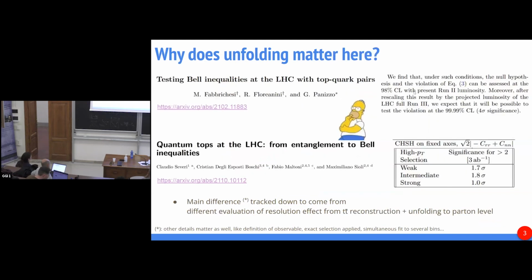Then let me jump to something which is specific to this workshop. This is just to give you an example of why unfolding can matter even in this field.